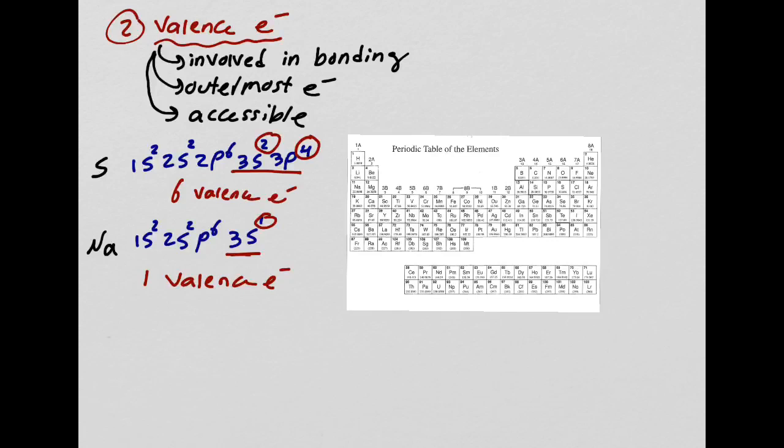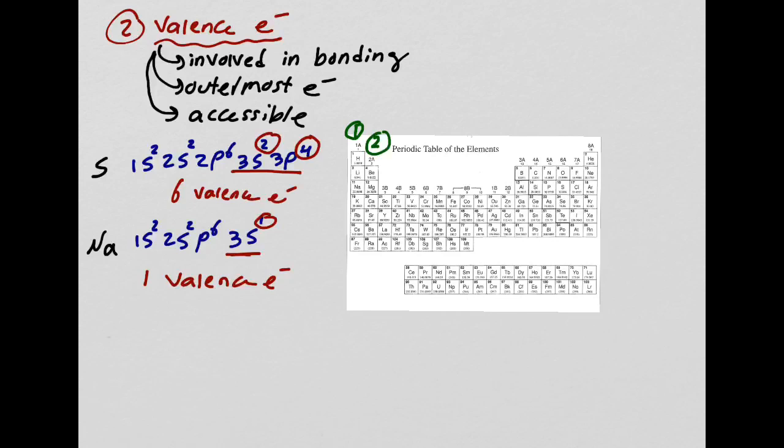Now, you can write down the electron configuration and figure out the valence electrons every time. Or the shortcut is you can figure it out based on the periodic table. So here's our periodic table. Group 1A has 1 valence electron. Group 2A has 2.